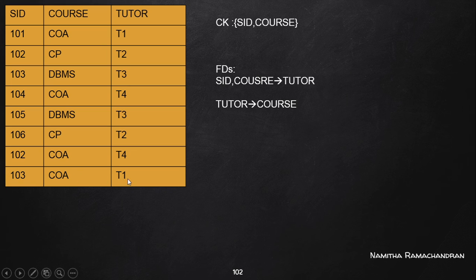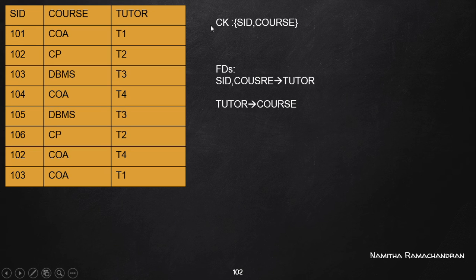This is a valid dependency. Again, if you are given tutor ID T2, it points to course CP only. T3 points to DBMS only, and T4 points to COA. So this dependency is again a valid dependency over this given relation.